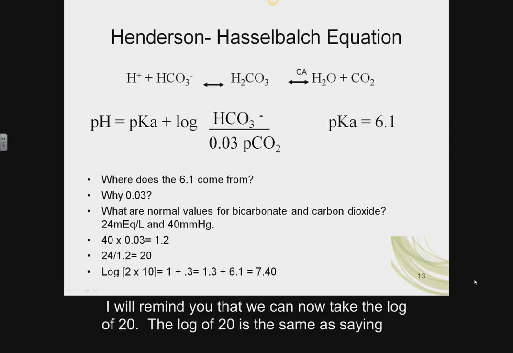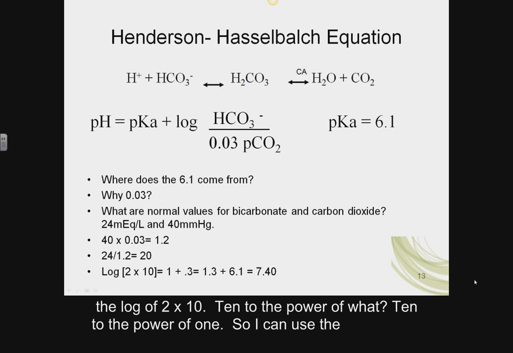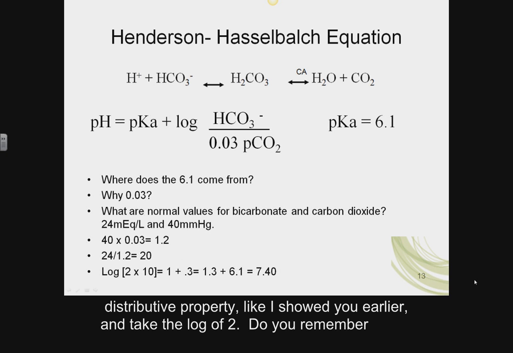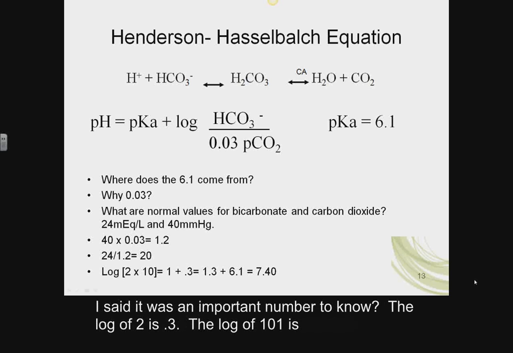Now, I will remind you that we can take the log of 20. The log of 20 is the same as saying the log of 2 times 10. 10 to the power of what? 10 to the power of 1. So I can use the distributive property, like I showed you earlier, and take the log of 2. And do you remember what that number was? The log of 2 is 0.3.